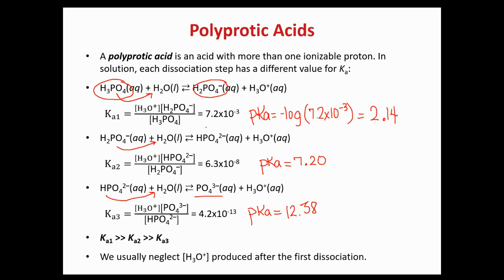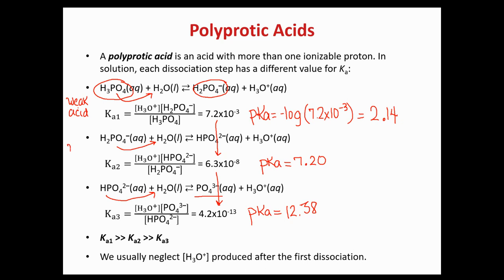Secondly, let's take a look at the trend in Ka values. Started off small, but then it got smaller and then super small. So this is always going to be a trend with our weak polyprotic acids, that we have a very small Ka. So this is for sure a weak acid.